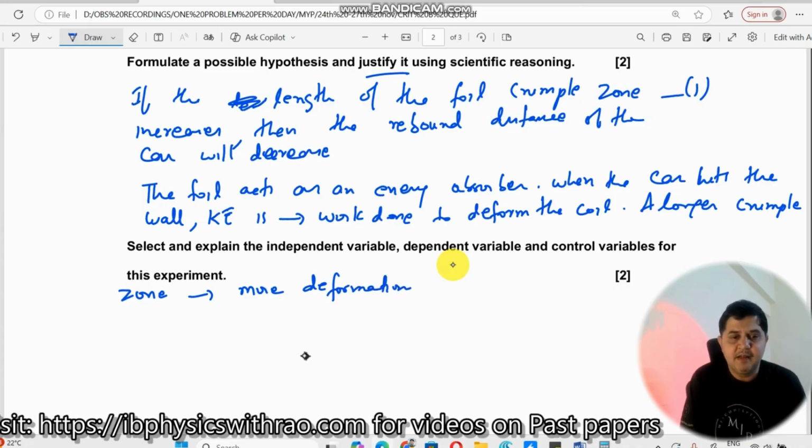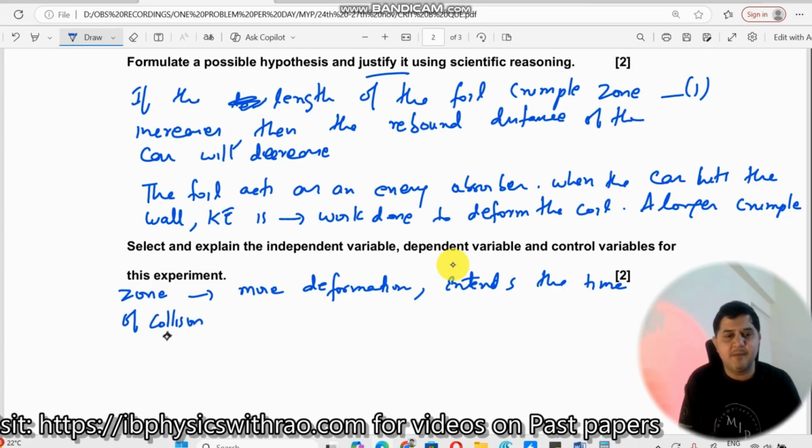When you have more deformation, this extends the time of collision. As a result, it absorbs more kinetic energy, and at the same time this results in less energy remaining for the bounce back.